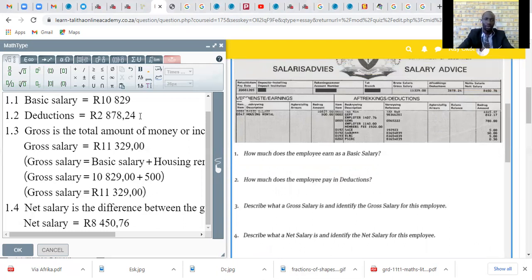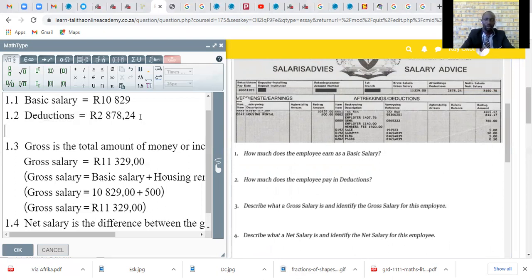Well, if we were supposed to calculate the deductions, we would have to follow some steps. Okay, so let's see how we can get it calculated under this 1.2. So under 1.2, we say deduction will be calculated.